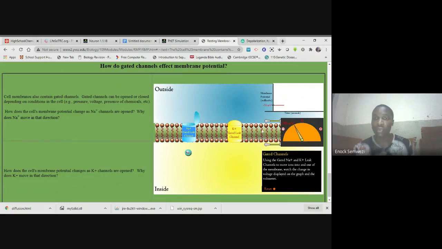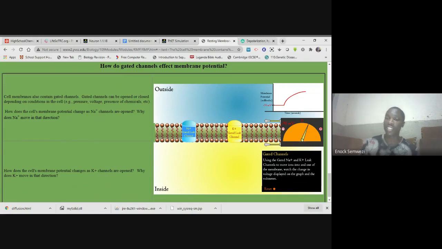So as more of the sodium ions get into the inside of the cell, the membrane becomes more positive. In that case, if it becomes more positive, we say that the membrane is becoming depolarized. In other words, the sodium ions change the polarity of the membrane.